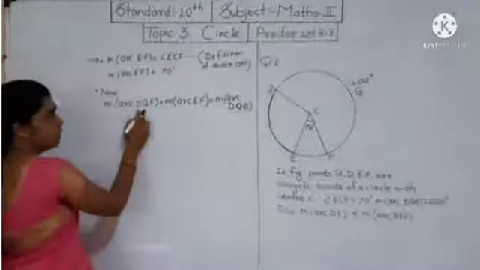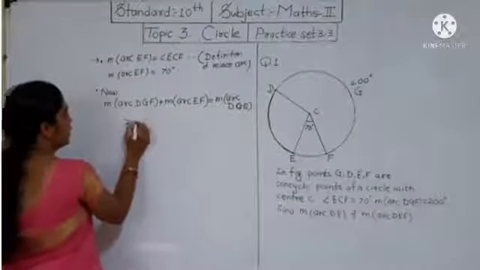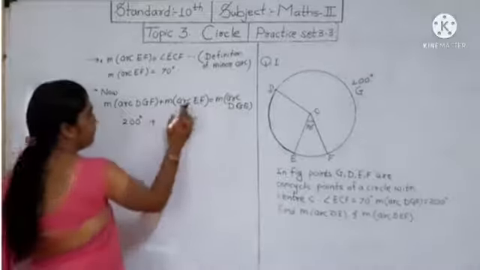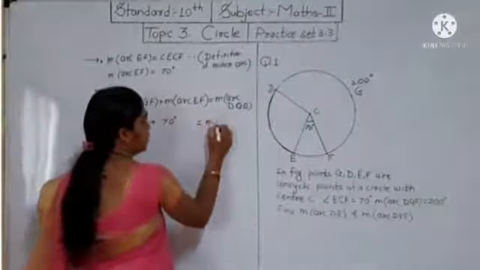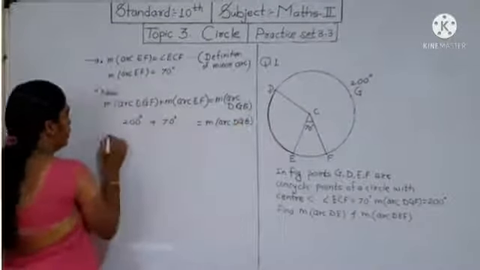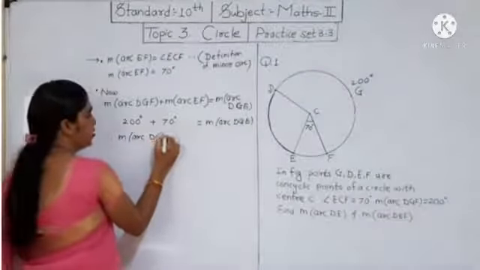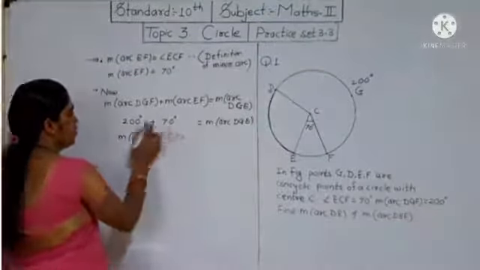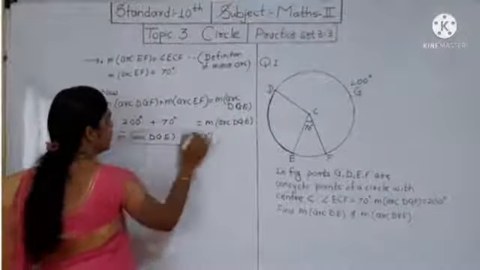Therefore, what is DGF? DGF is given 200, plus EF we had calculated 70 degrees, is equal to major arc DGE. Therefore, we get major arc DGE is equal to 270 degrees.